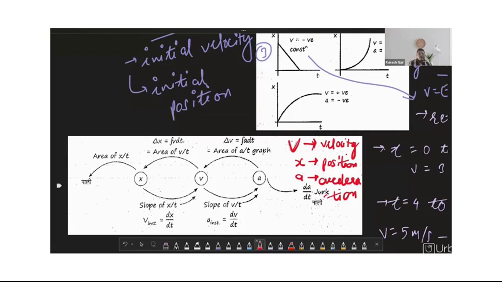These three are the variables which will be used respectively. X is the position, V is the velocity, and A is the acceleration. Okay. So how can one get, and then one more thing which you should know.